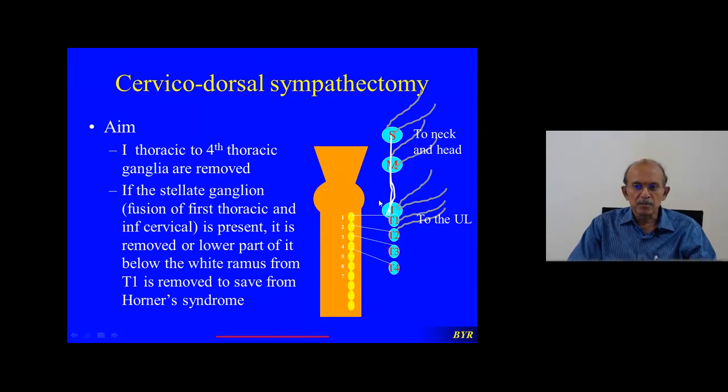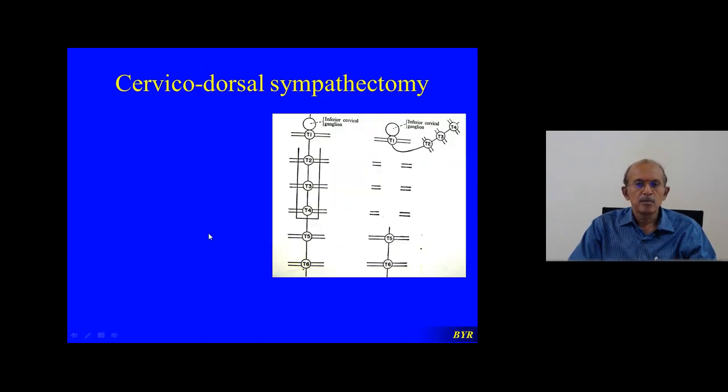If a stellate ganglion is there, you have to bisect it. You have to cut it below the T1 nerve fiber so that Horner syndrome will be prevented. The T1, T2, T3, T4 are removed in cervicodorsal sympathectomy. It can be approached through cervical, axillary, or dorsal routes, but nowadays it is done by thoracoscopic operation.